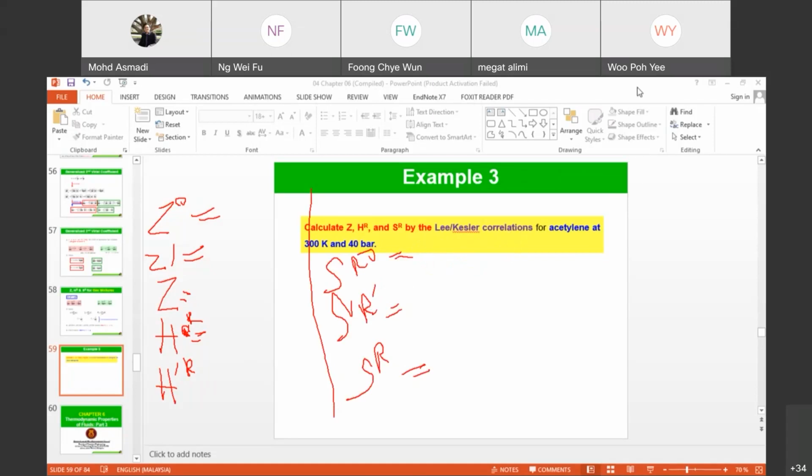Z naught is 0.668. Okay, 0.668. Z prime, and Z. What's the value?